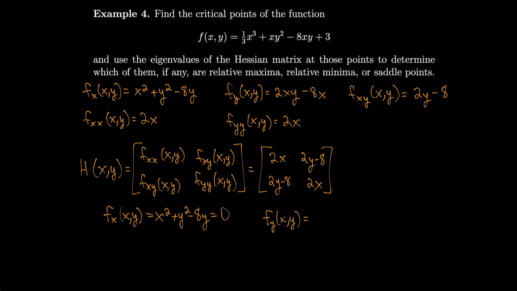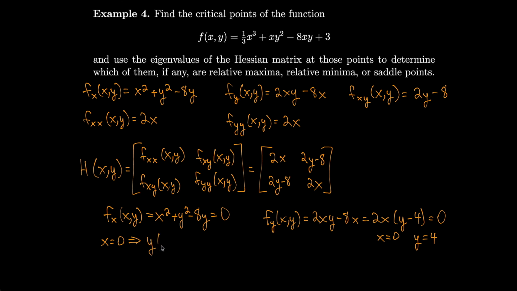That was 2xy minus 8x, and I can factor that as 2x times y minus 4. Setting that equal to 0, x would have to be 0 or y would have to be 4.